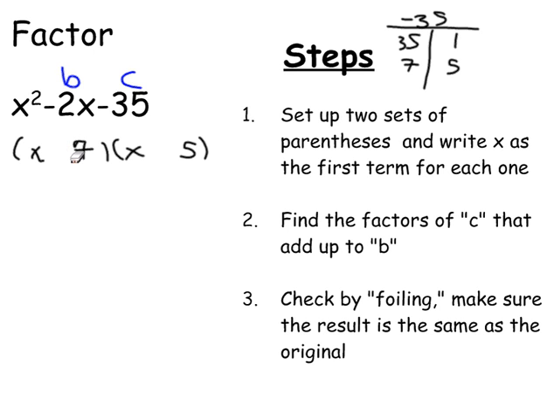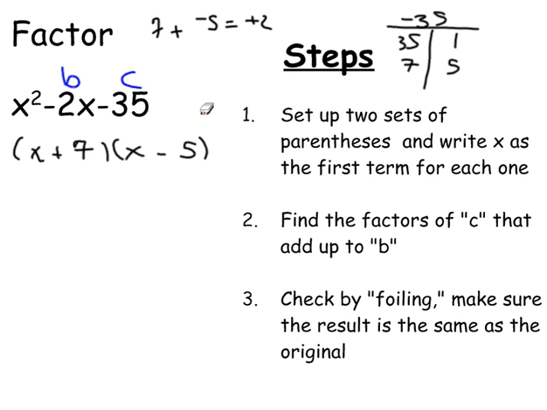And here's how you decide. You know that these two numbers have to add up to negative 2. So let's think about it, right? If I make this positive, don't write that down yet. If I make that positive and I make this negative, what's 7 plus negative 5?